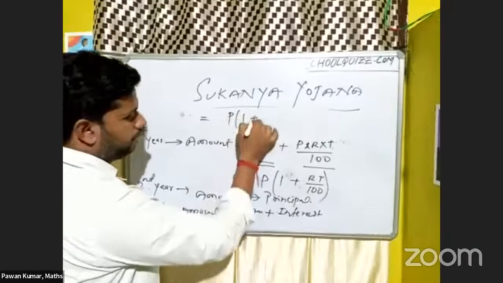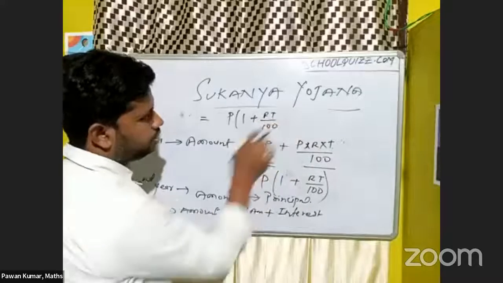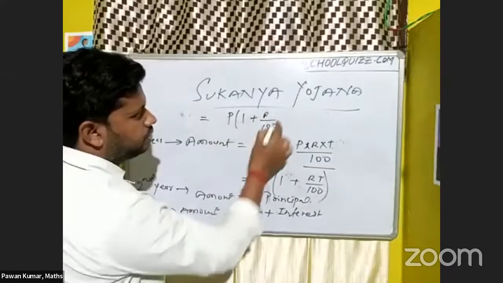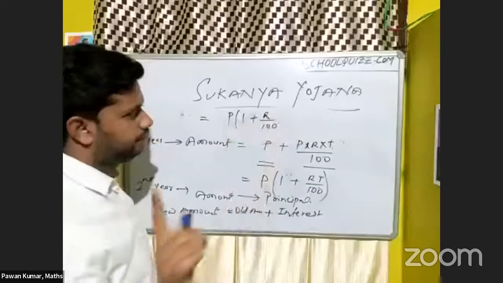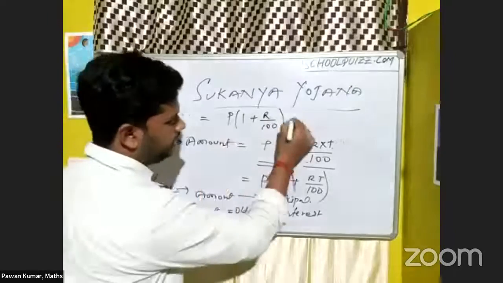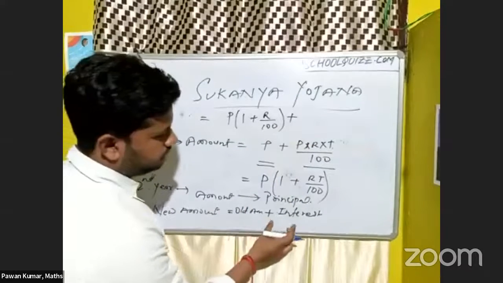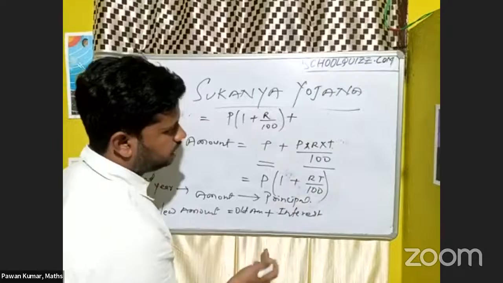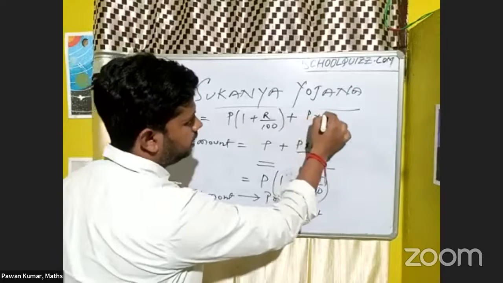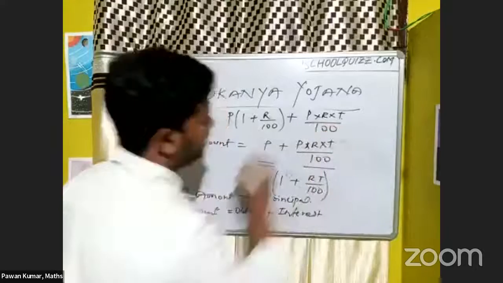So P into 1 plus RT by 100. I am mentioning T as 1 year only, so I can keep T as 1. Correct? So now, second, plus P, this one. The second will be the interest for you. So interest is the same, P into R into T by 100.